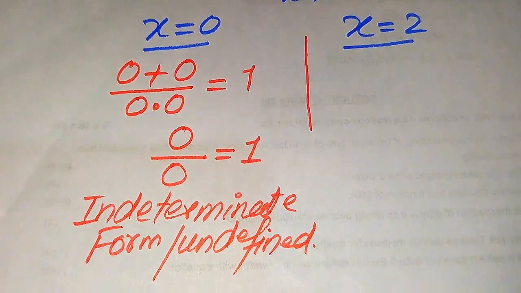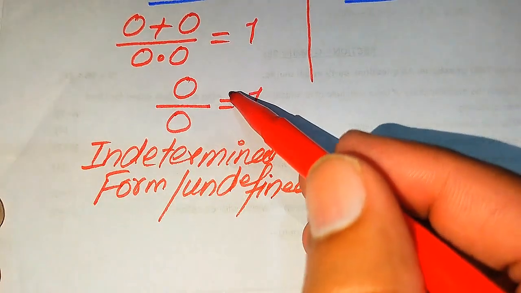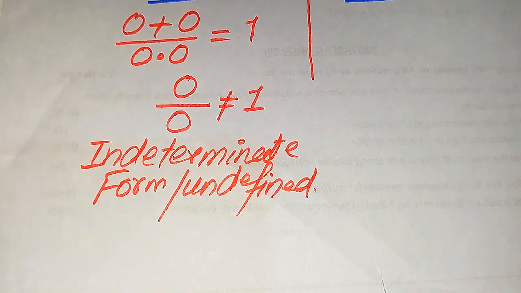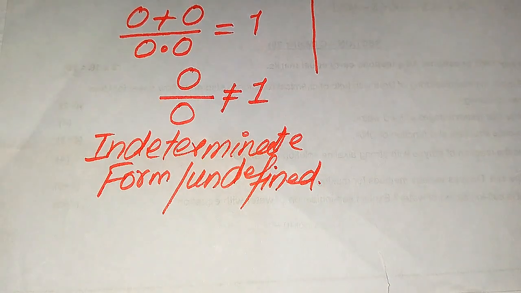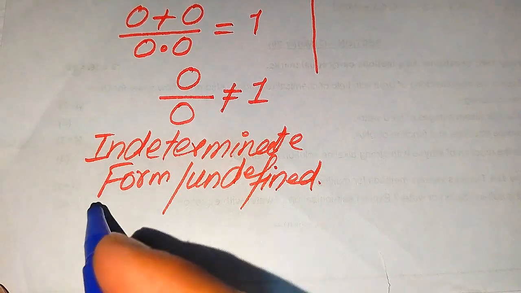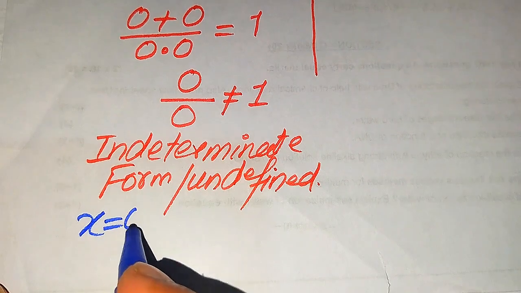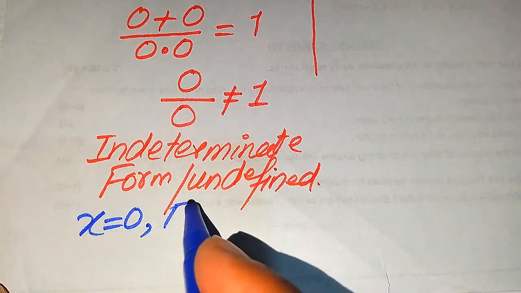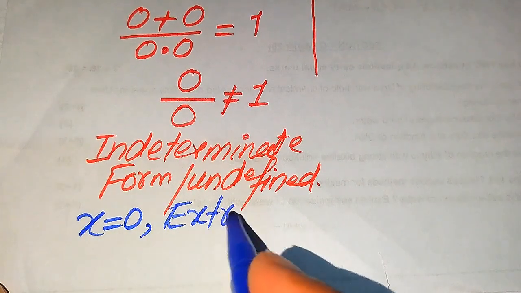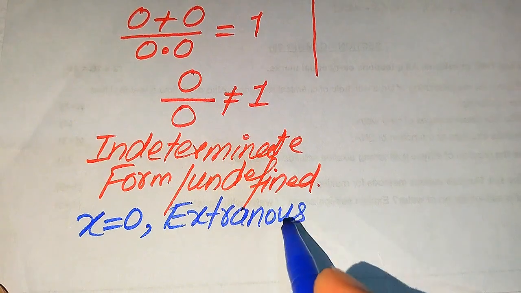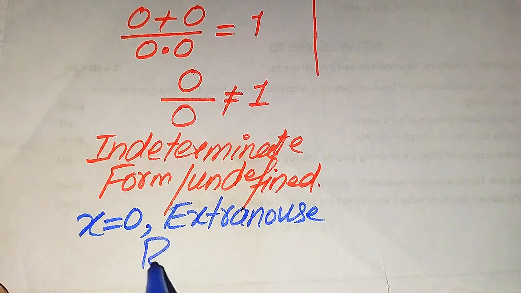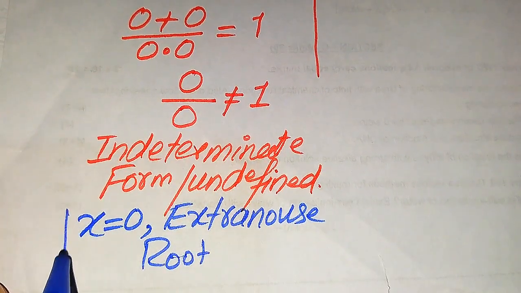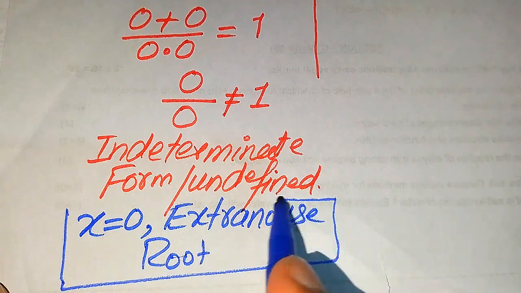So if this is undefined, it means that this is not equal to 1. So we conclude that the value x is equal to 0 does not satisfy our given question statement. So we call x is equal to 0 the extraneous root of the given equation. If this is the extraneous root, it is not a solution.